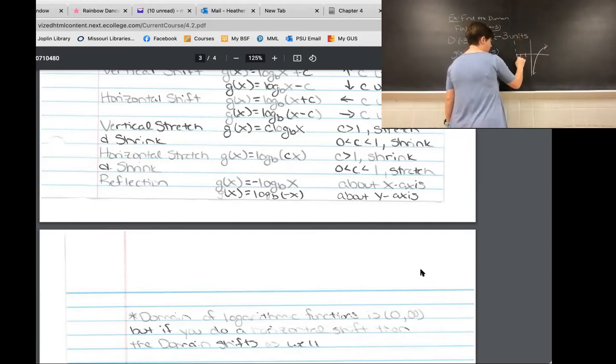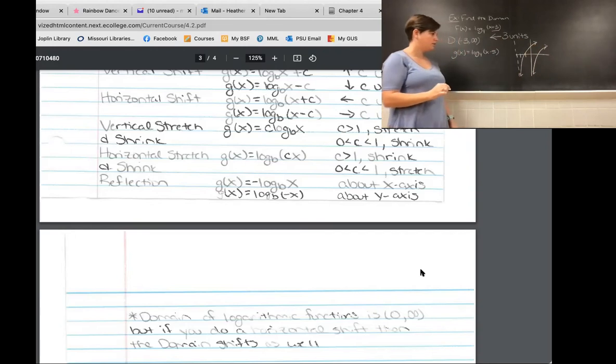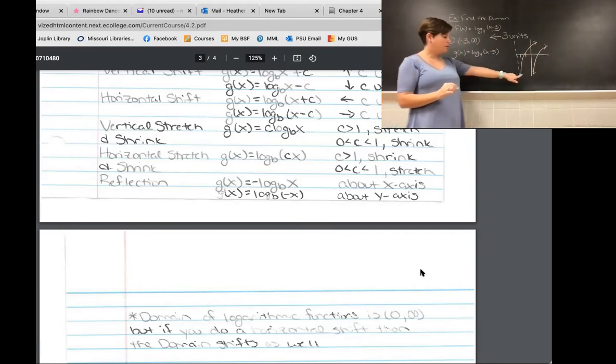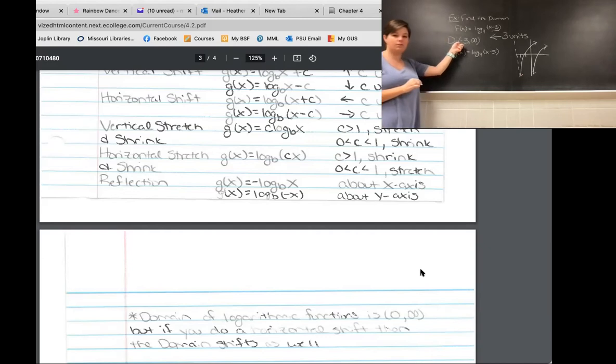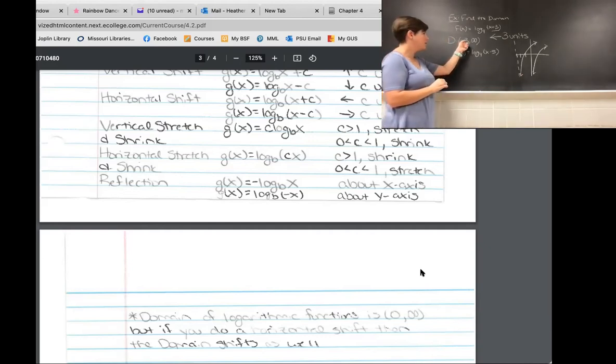And so now our asymptote's there at -3, and it's going to do this. So instead of getting really close to 0, it's going to get really close to -3, but it's never going to cross it. Thus, we don't include it. We use a parenthesis instead of a bracket, but it's going to go from -3 to infinity.